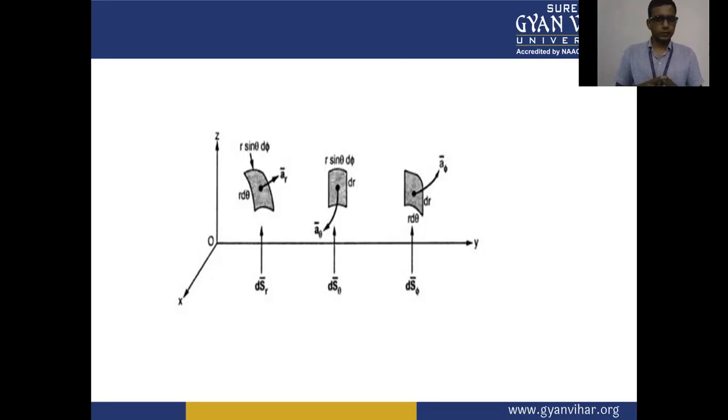Second, in the case of the normal vector theta, we have the value of dS_theta equal to dr into r sine theta d phi. In the case of the normal vector phi direction, we find the differential area r d theta dr.